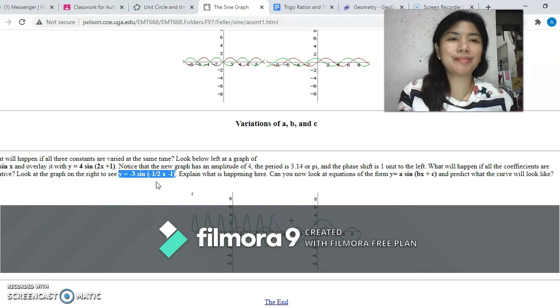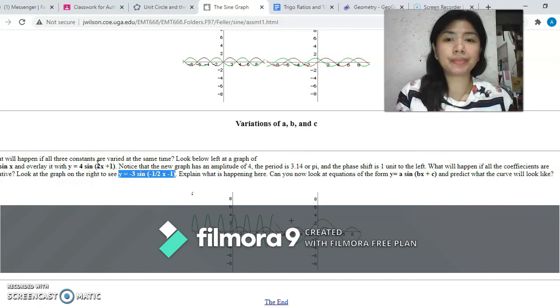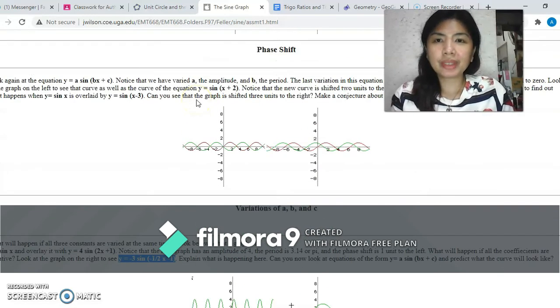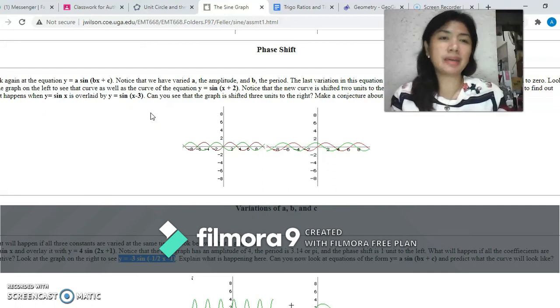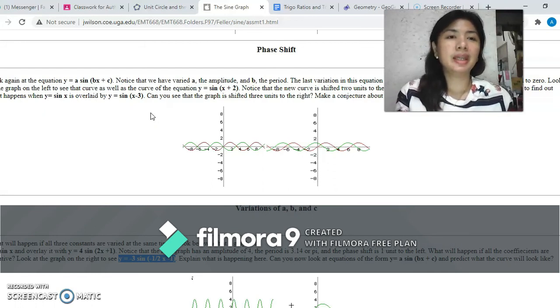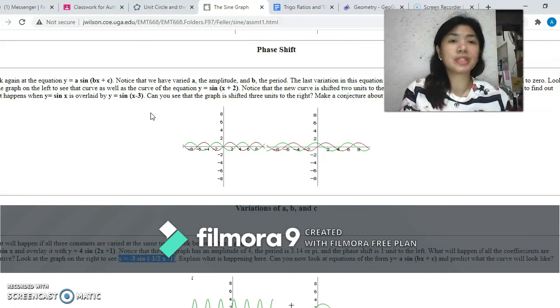It's not the same as when we have a positive value of B. For a positive value of B, the shift for positive C is going to the left, and the shift for a negative C will go to the right.